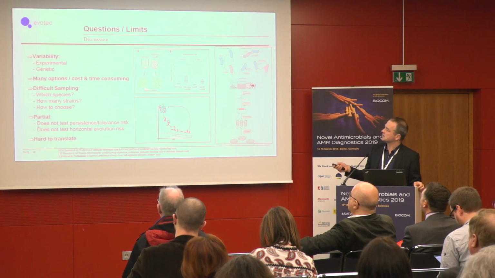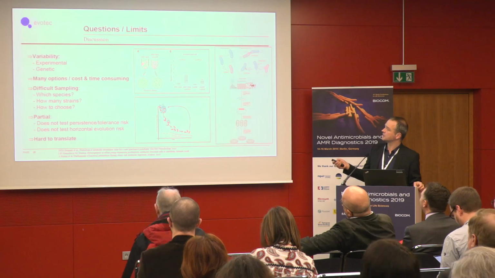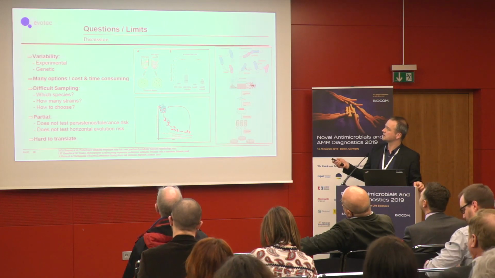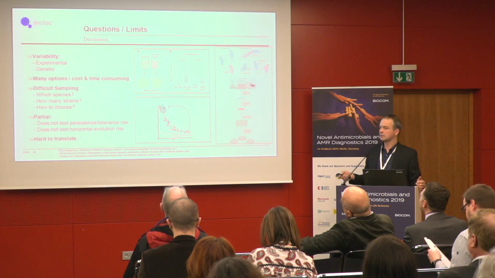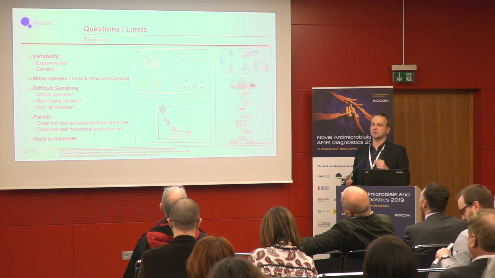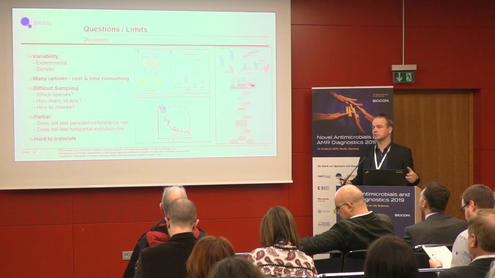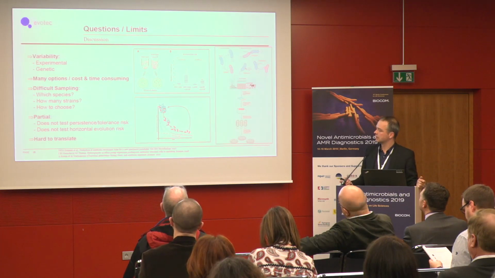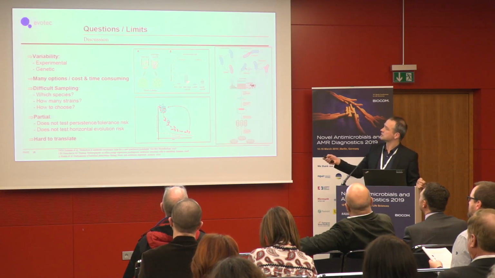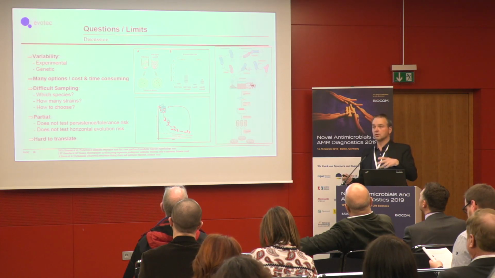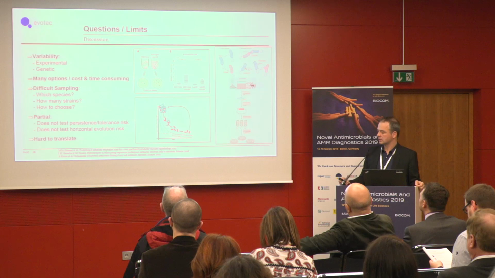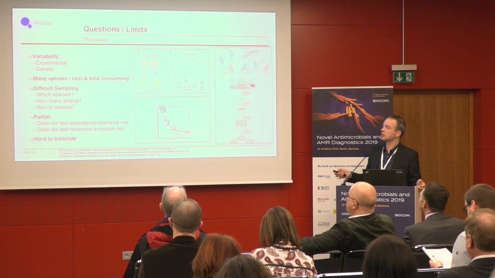For instance, this is illustrated here, the genetic background of E. coli, whether you have a wild-type strain or an acrB mutant, has an impact on the frequency of resistance that you see in spontaneous experiments, as quantified here. And there are many different genetic contexts that we know impact the frequency of resistance. So there's a lot of variability.